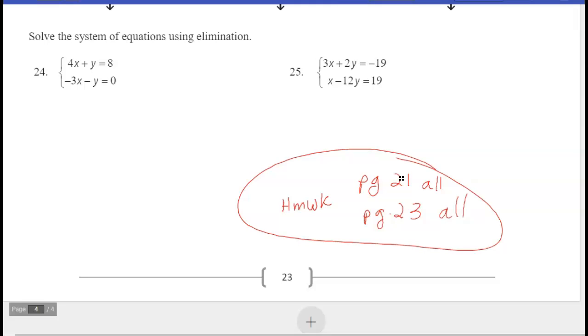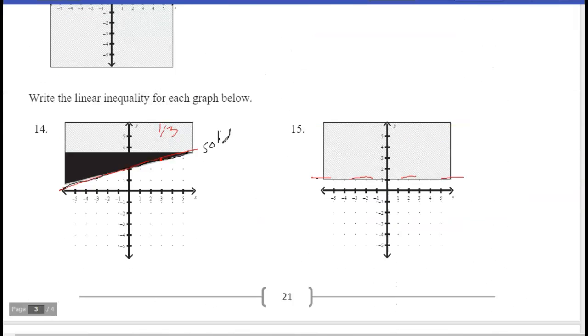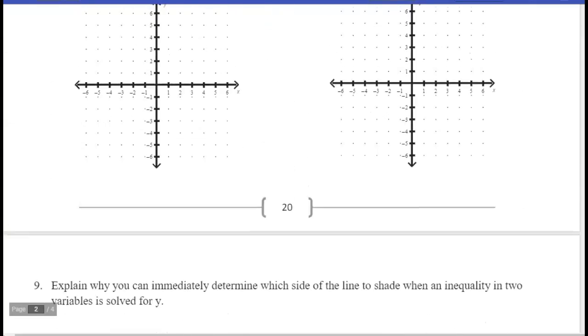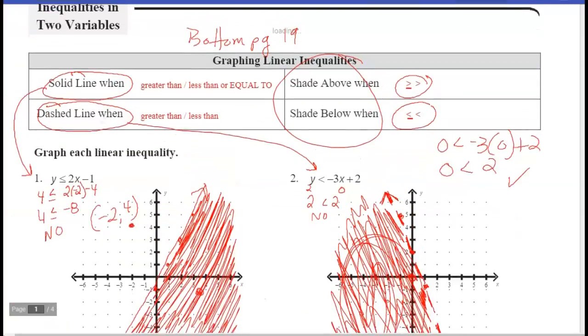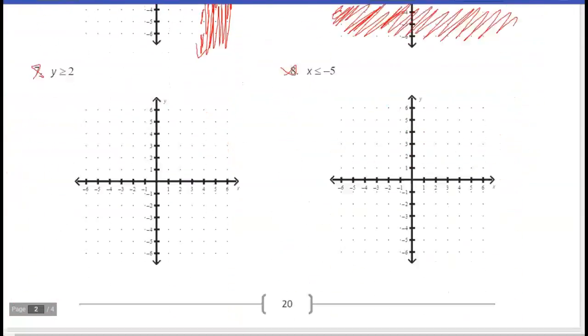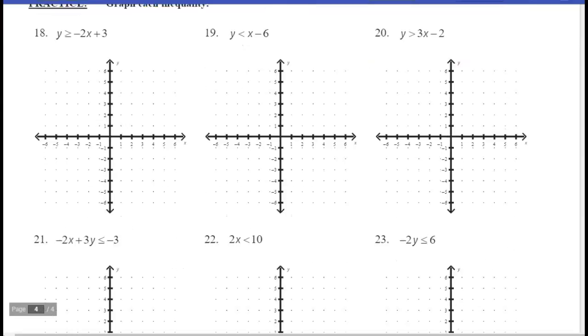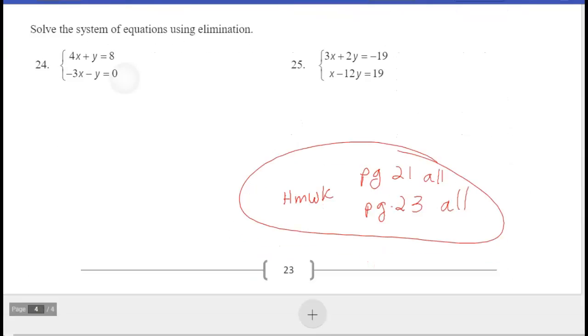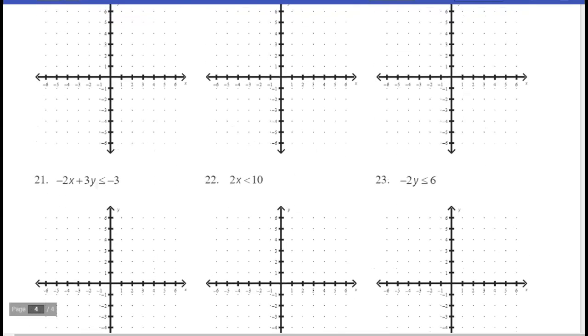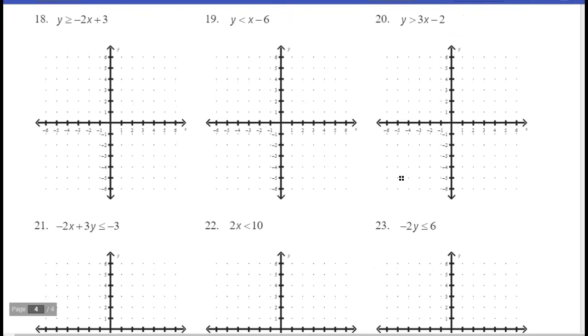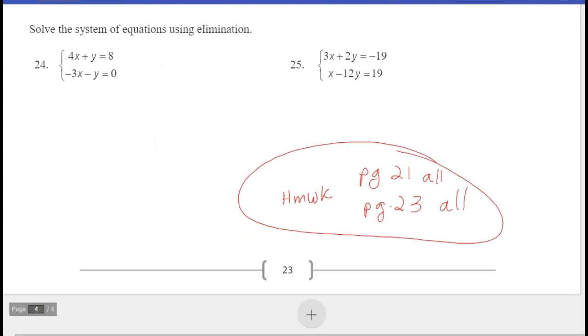And those are the 2 pages I want you to upload. I'm going to trust that you did these pages up here. Because that will show me, I'll see your work right here. That's it for today.